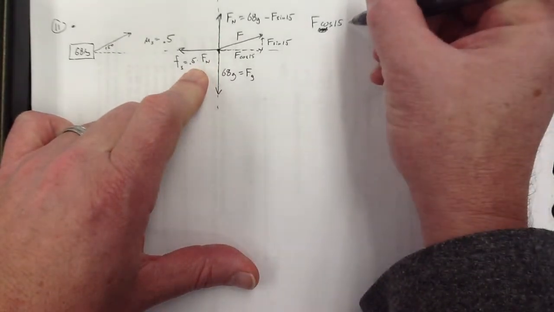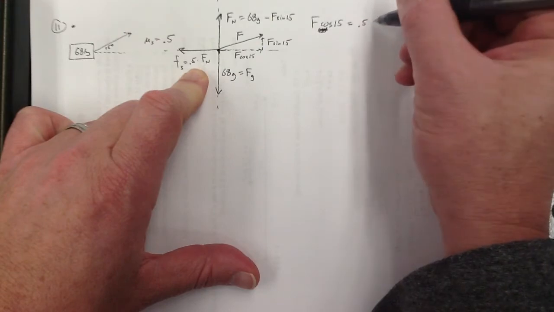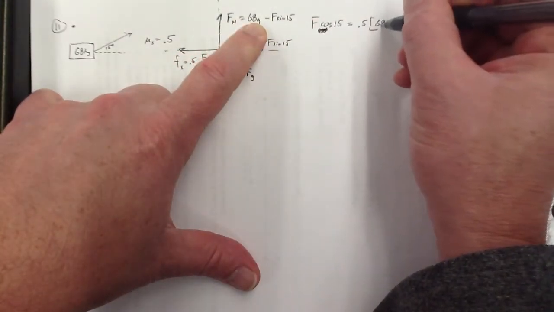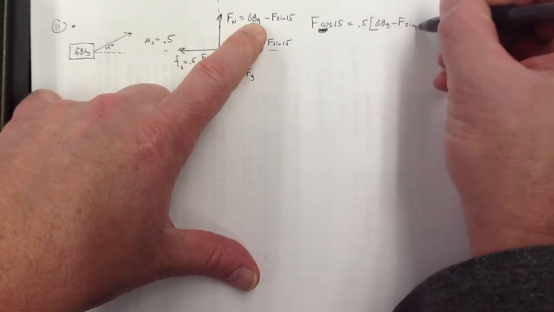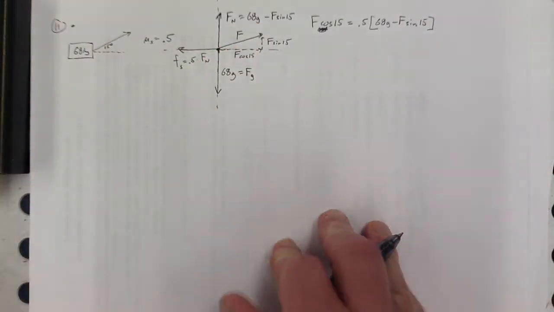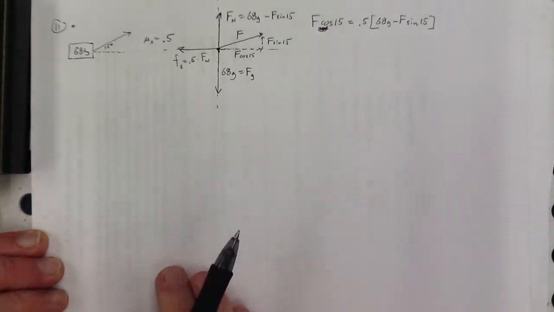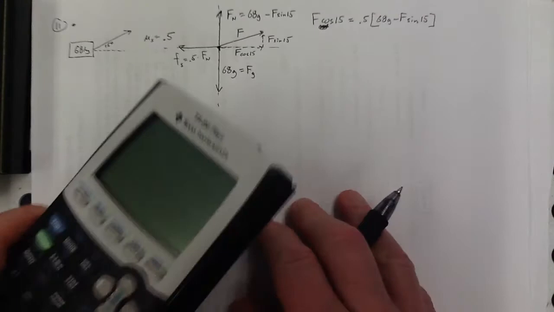And that is 0.5 times the normal force. And hopefully, if everything's going our way, there shouldn't be any more variables than just the one unknown force. And that looks good. It looks like that is true. So I think I need to do some math now.